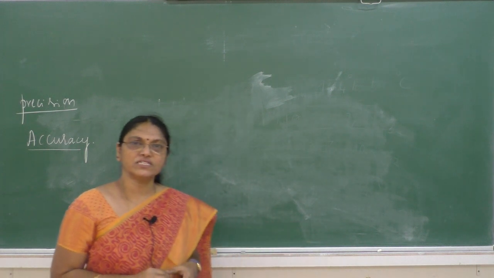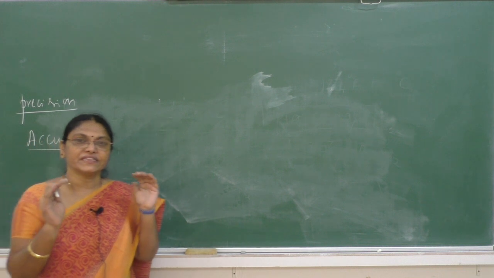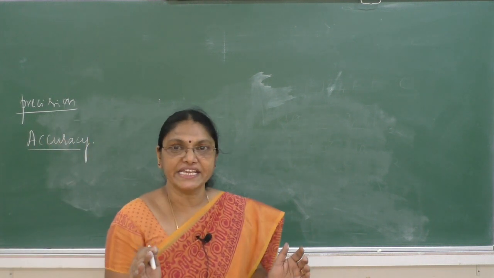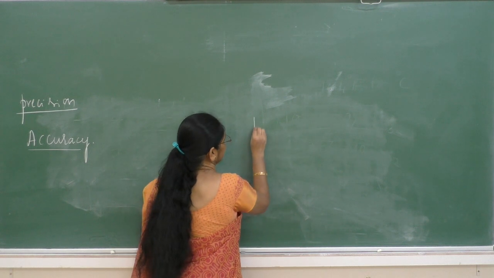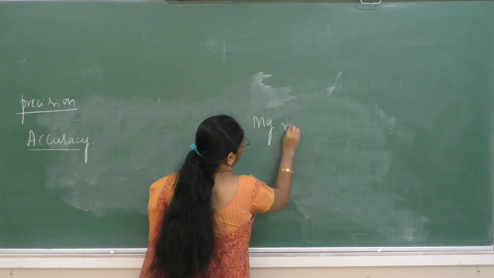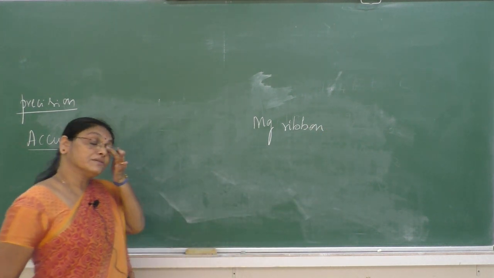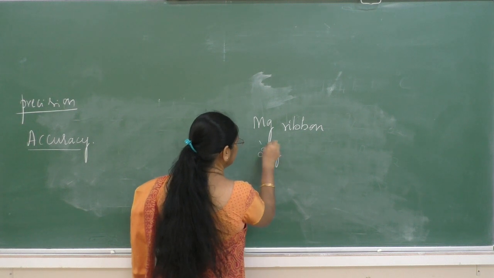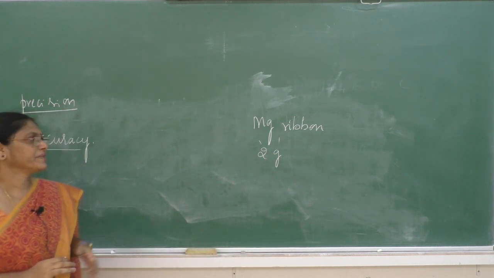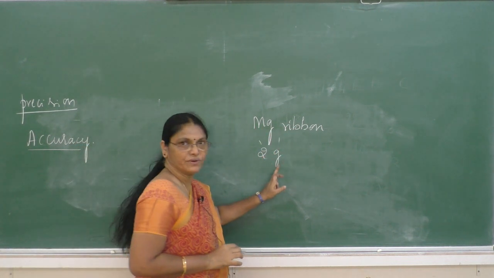Now I have asked 3 students to measure the length of a magnesium ribbon. The mass of the magnesium ribbon is 2 grams.